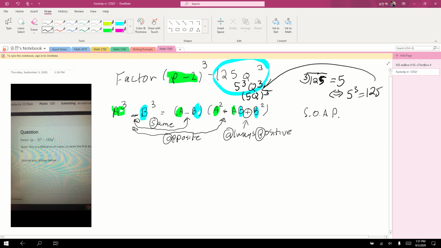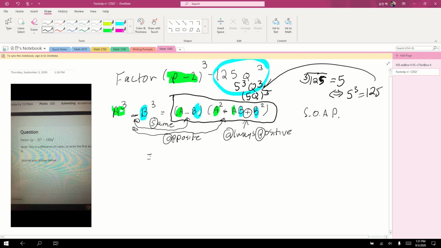Now, the one thing that I want you to remember is that when you substitute the A and the B in right here, I want you to make sure to put these in parentheses so that you don't make any mistakes with the simplifying.